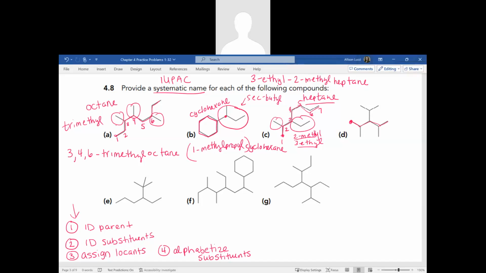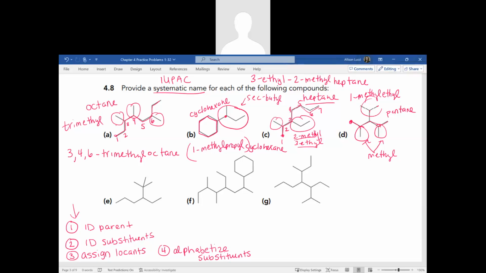So we have 5 carbons, we have a pentane parent, we have 1, 2, 3 substituents. So these are methyl substituents. Up top here, our IUPAC would call this a 1-methylethyl substituent, or in our common nomenclature, we could call it an isopropyl group. But for our purposes, we'll stick with the methylethyl.